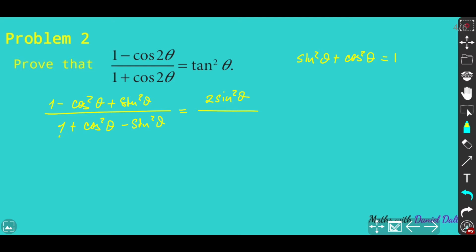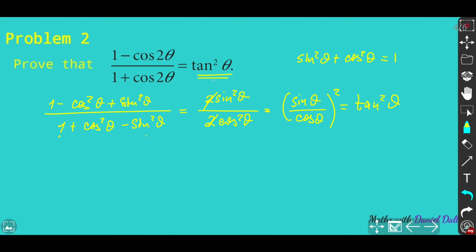And from there, again, we combine 1 and minus sine squared theta, which becomes 2 cosine squared theta. The 2s hopefully cancel, and we're left with sine squared over cosine squared. If you want, you can write it as sine theta over cos theta, all squared. So finally, it's definitely tangent squared by definition, and we proved it because we reached the right side.